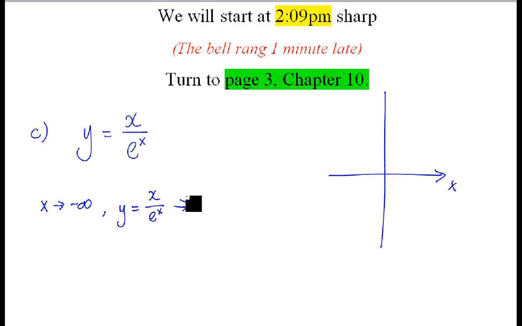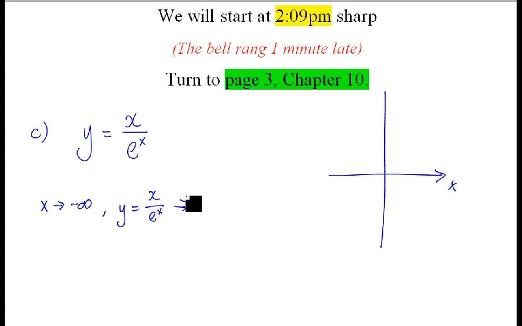This is easy, because you look at it. If x is negative 1,000 or negative 10,000, the numerator is negative and the denominator is e to the power of x.